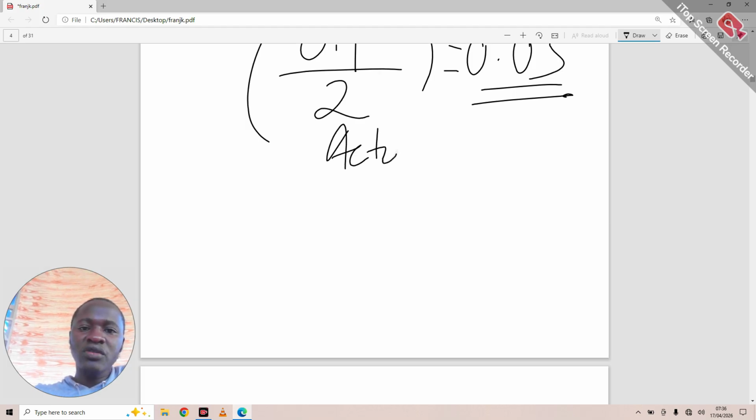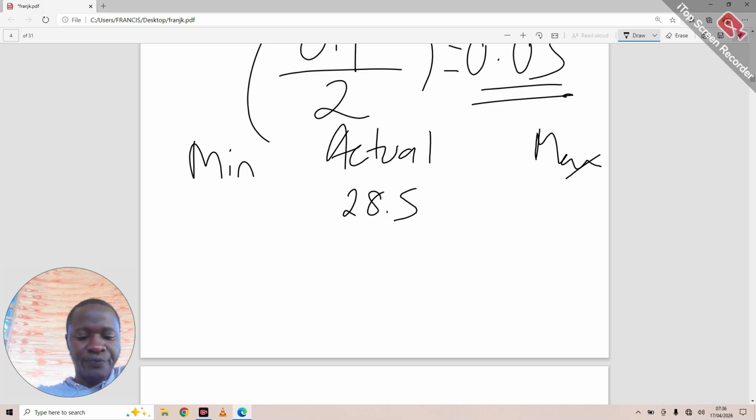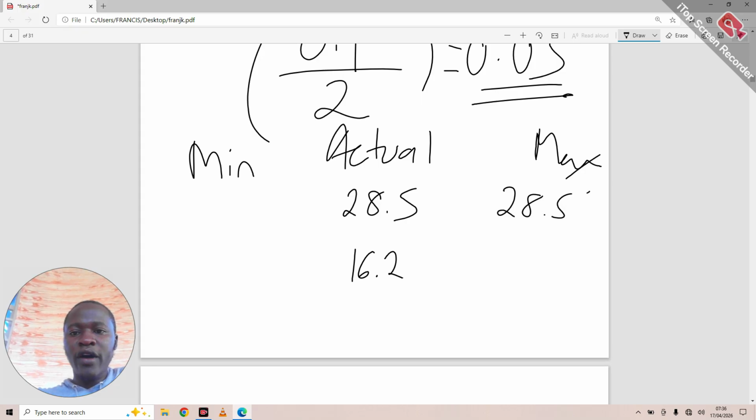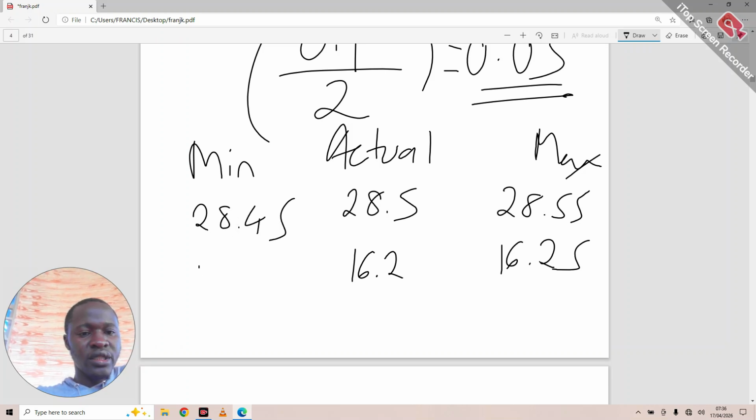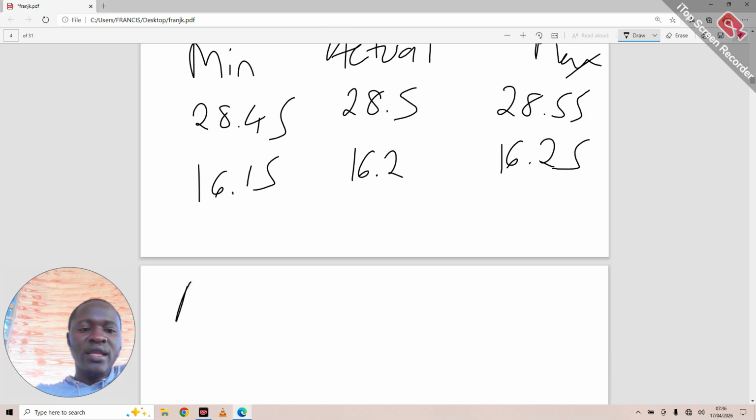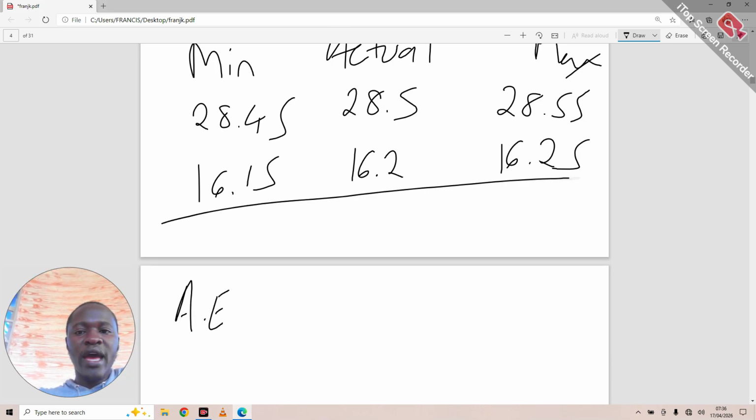So we have the actual, maximum, and minimum. Actual is 28.5 and 16.2; maximum is 28.55 and 16.25; minimum is 28.45 and 16.15. Now, we can get the absolute error, but before that, we get the maximum. Here we were supposed to multiply.